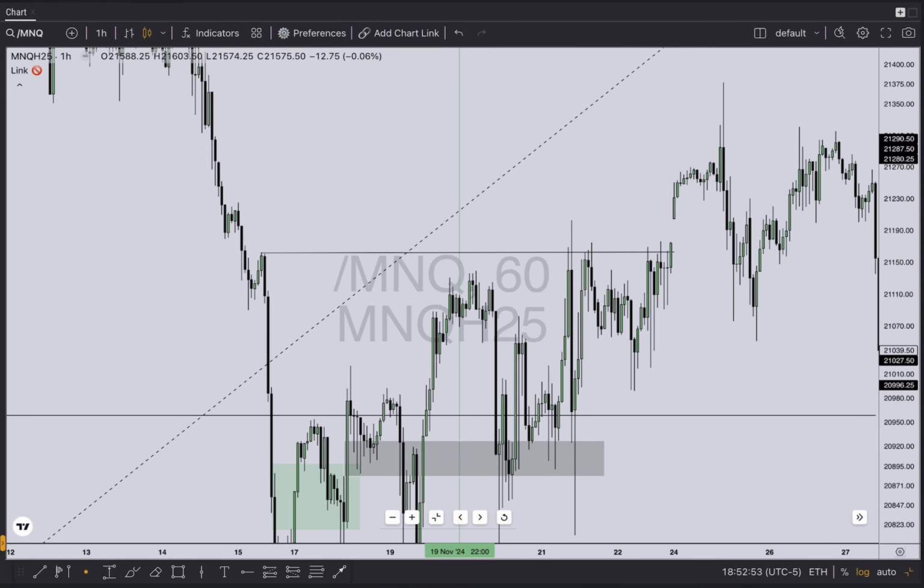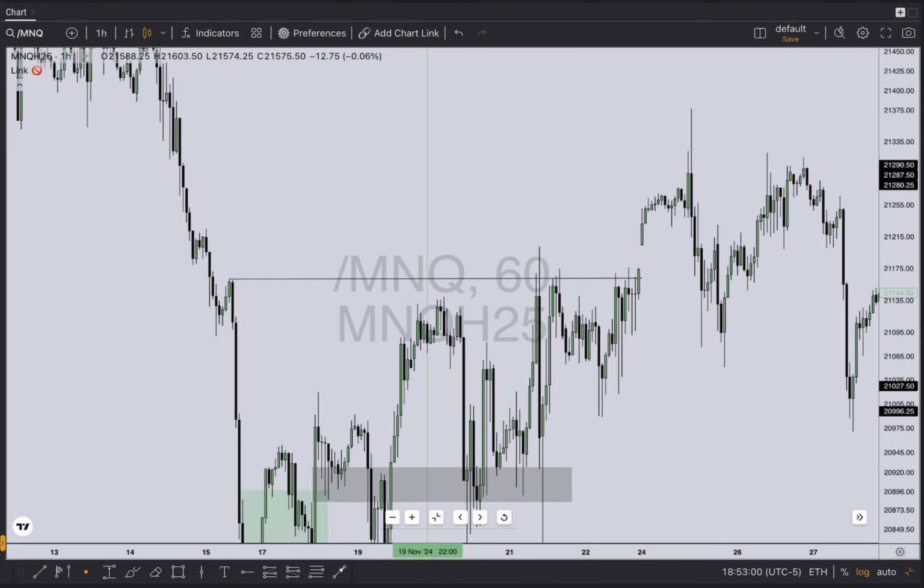That's right, boom, right? For me to get a valid breakup structure, I want to see it close above the wick, not just a candle. Okay, above the candle, it's a breakup structure, but for me to see strength with that break, I want to see a breakup structure with an impulse. I want to see strength above that high for me to get confidence that, okay, we're going to go in that direction.